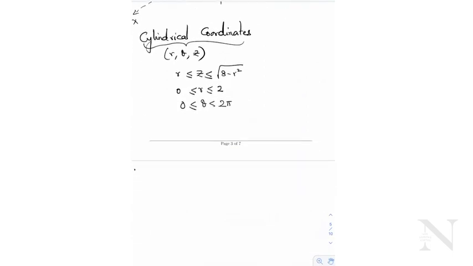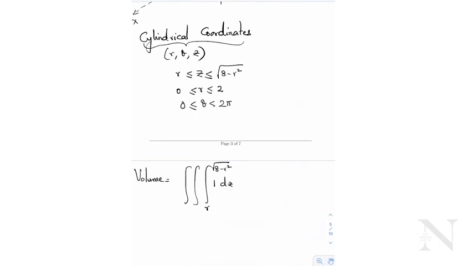So the setup for the volume would be the triple integral of 1 dv. Remember, you have to do z first, which is probably the only term where you might see some level of integration. That square root of 8 minus r square might be something which could be a little harder.